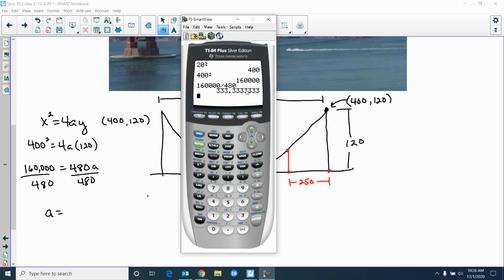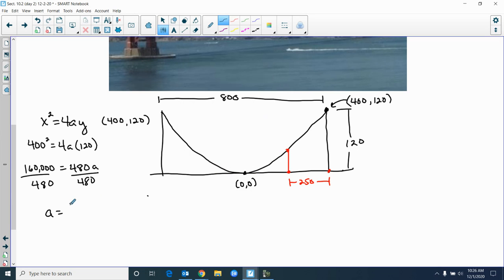Now, whenever you get a decimal like this, you do not want to round it off to 0.3. You can leave it as 333 and a third, or convert it to 1,000 over 3. I'm just going to leave it as 1,000 over 3 reduced, because now we're dealing with the length of a cable, and if you round that off to 0.3 or even 0.33, then you are in danger of making this not the right length.